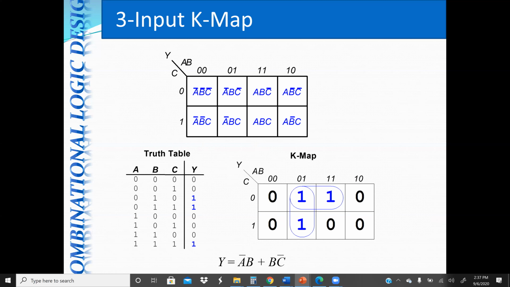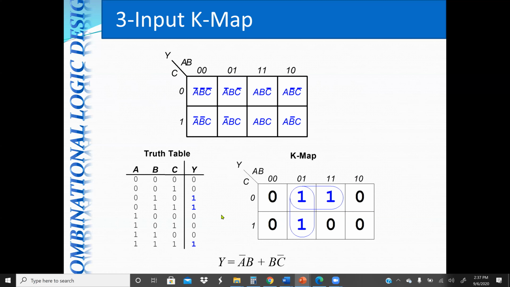Now, if we are not doing this, based on the truth table our expression will be A invert B C invert, that is 0, 1, 0, so A invert times B times C invert, plus, going to the second, A invert B C, plus A B C. So we have 3 terms.